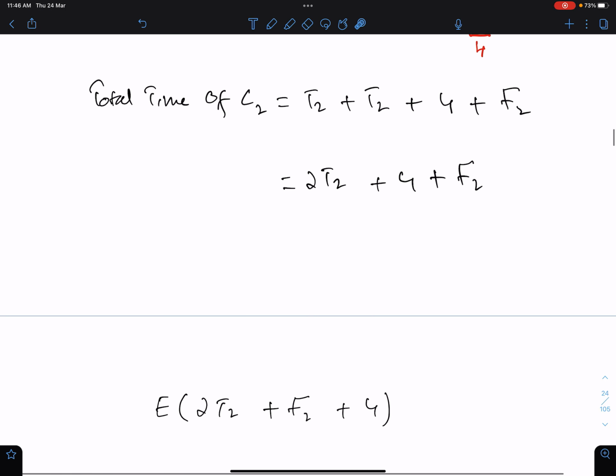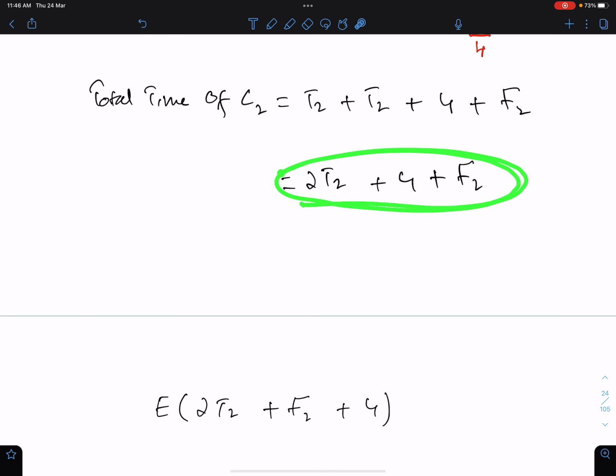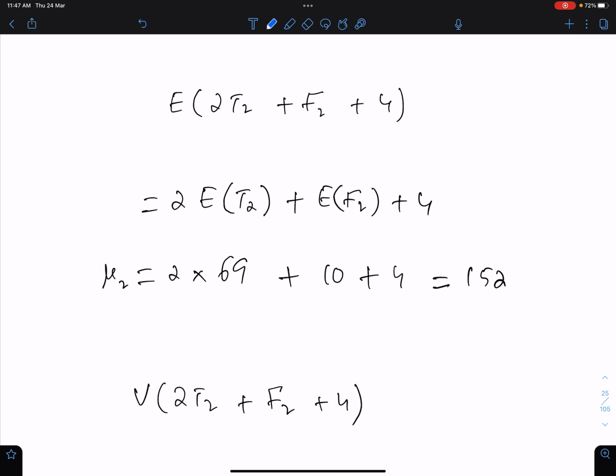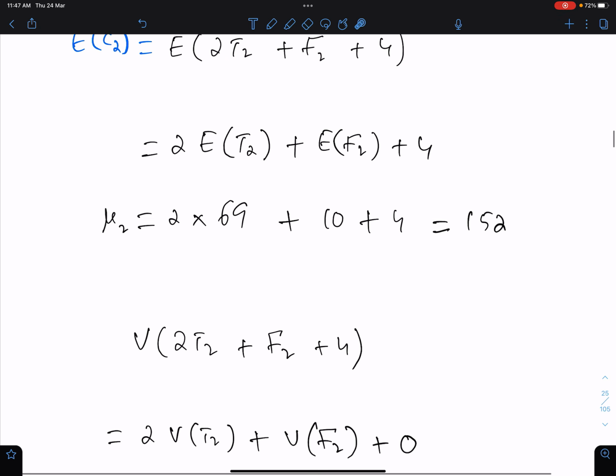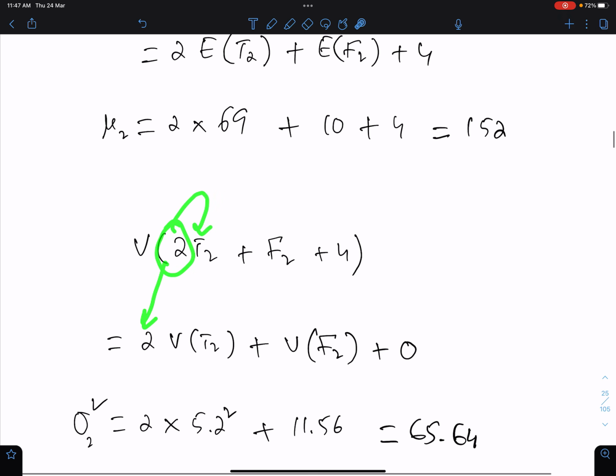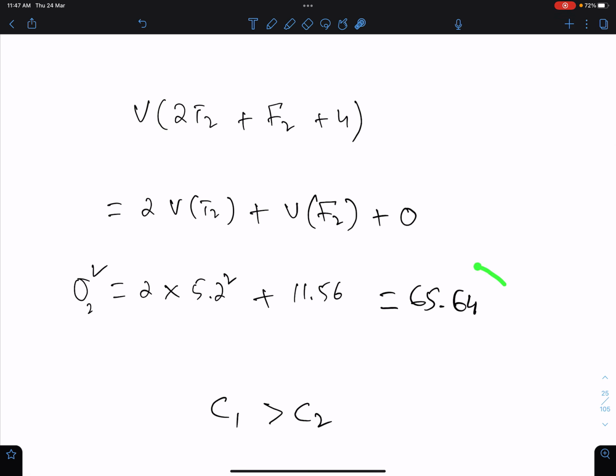Now we need to find the mean and variance of this equation. This is the mean of the total time of the journey of second car. T2 and 4. In variance, don't square this number because this number is not multiple of T2. So this is sigma 2 square.